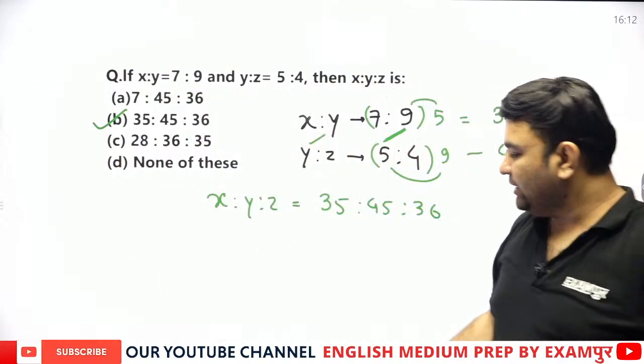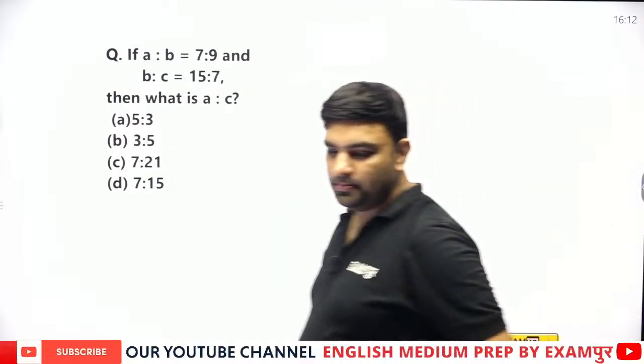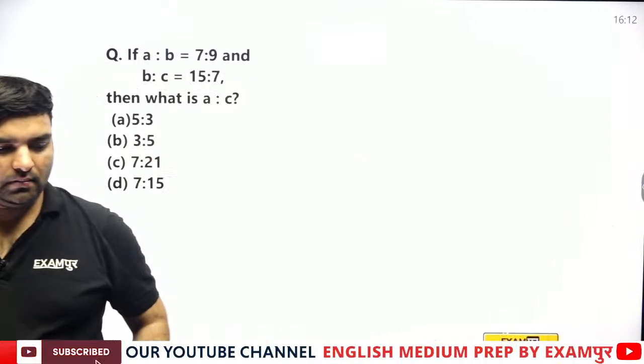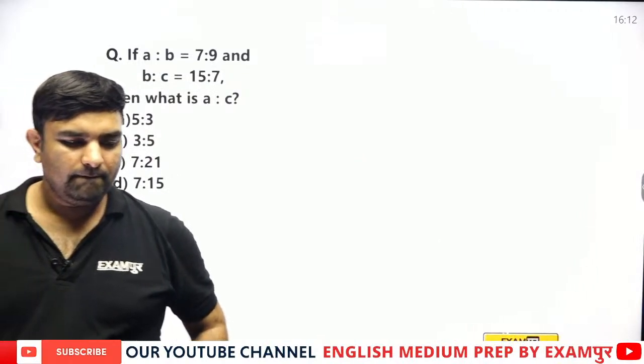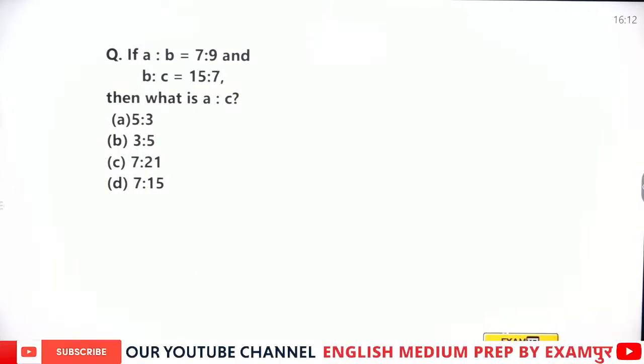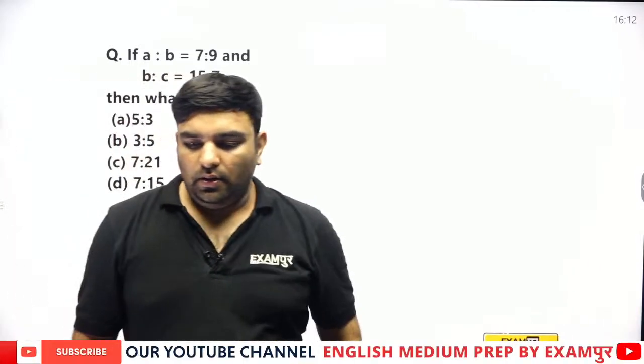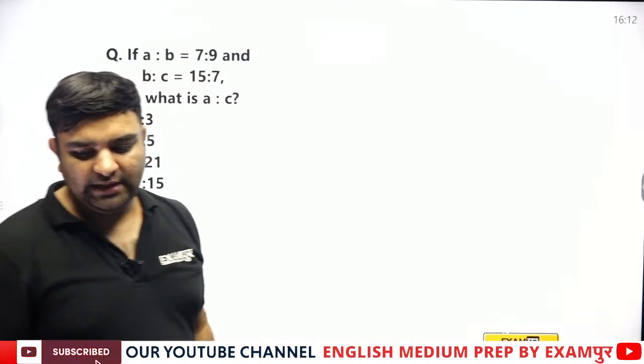Let's move on to the second question of the day. A ratio B is known, B ratio C is known. What is A ratio C?